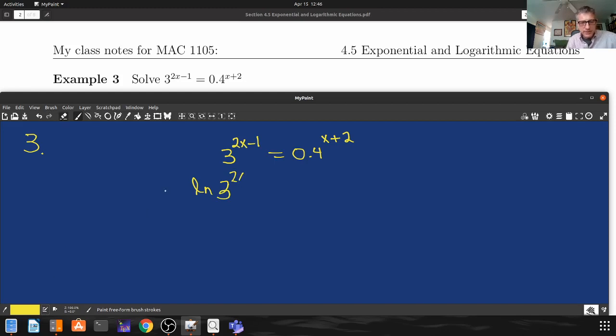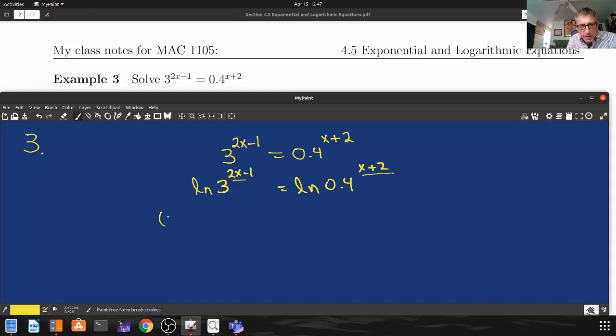Let me erase this and write it what it should be. So that's the log of 3 to the power of 2x minus 1, and this is going to be the log of 0.4 raised to x plus 2. So that implies that here's my exponent, and here's my exponent.